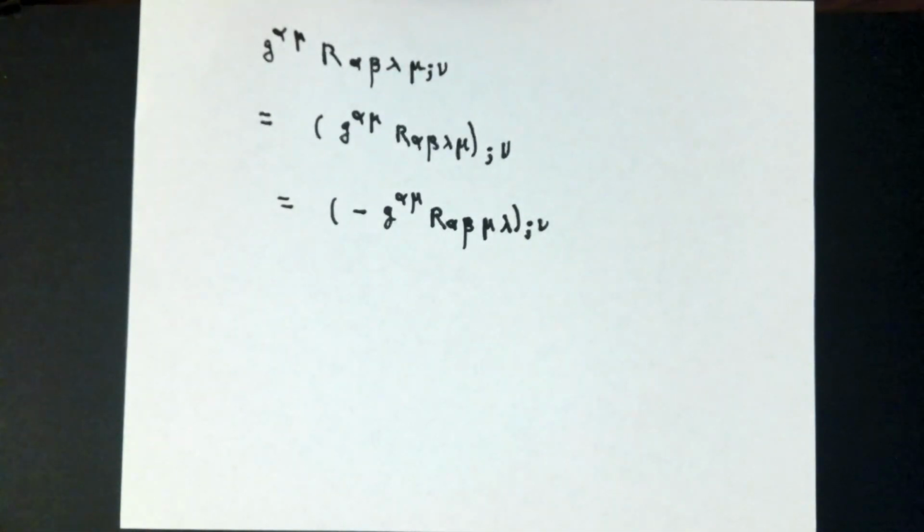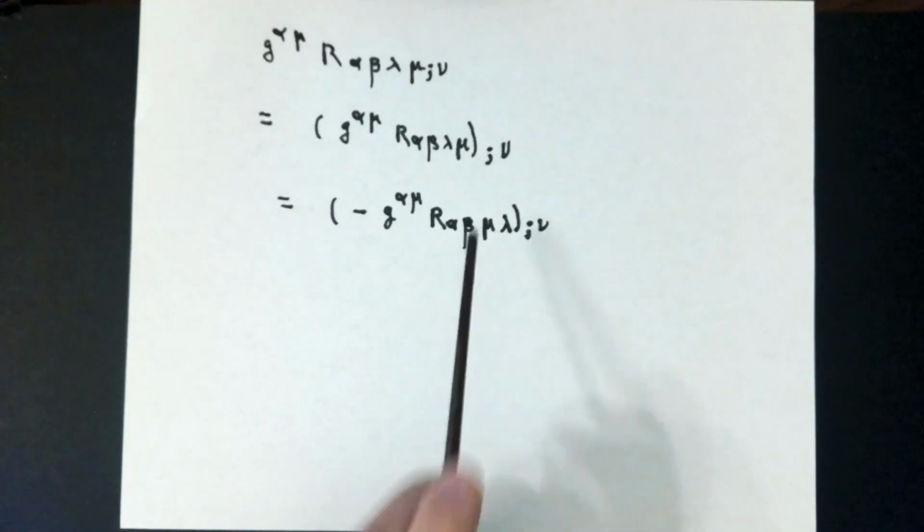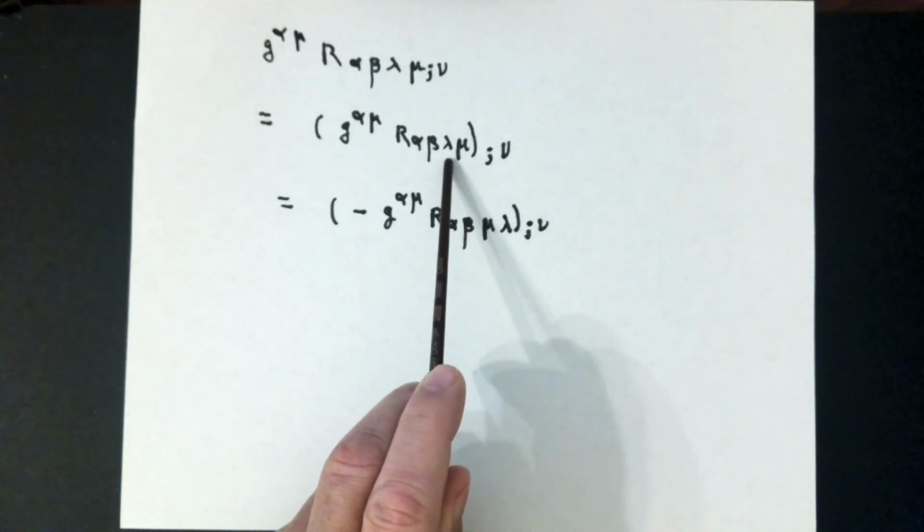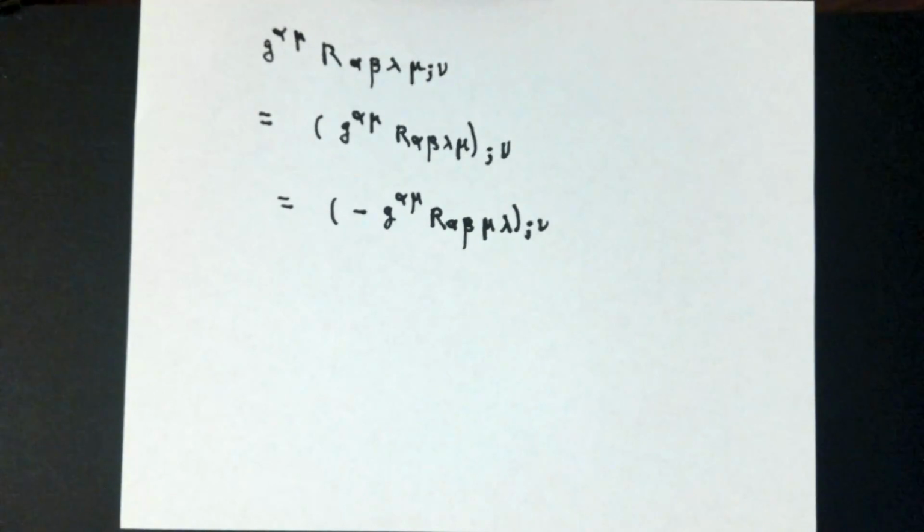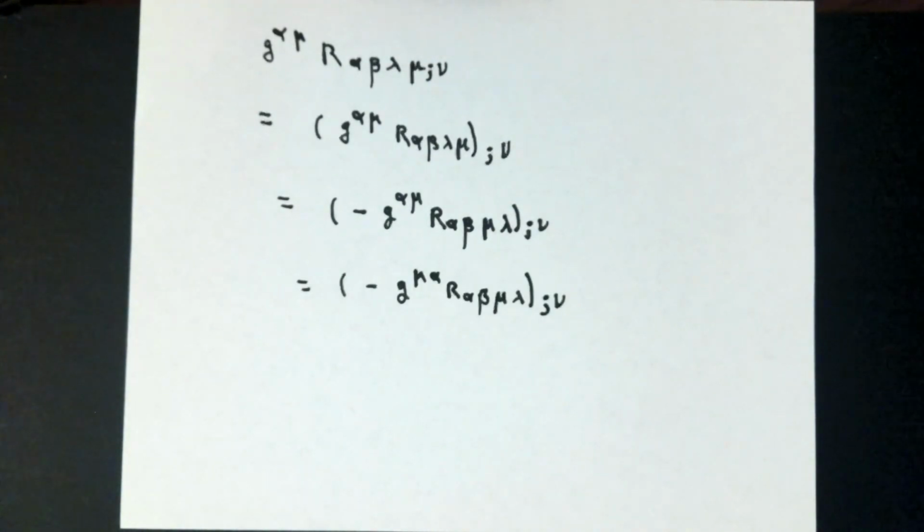If you'll remember, on each of the first pair of indexes and the second pair of indexes, the lowered version of the Riemann tensor is antisymmetric. So if I interchange indexes lambda and mu, I'll get the negative of, not to be overly picky, but the metric tensor is symmetric in its two indexes.